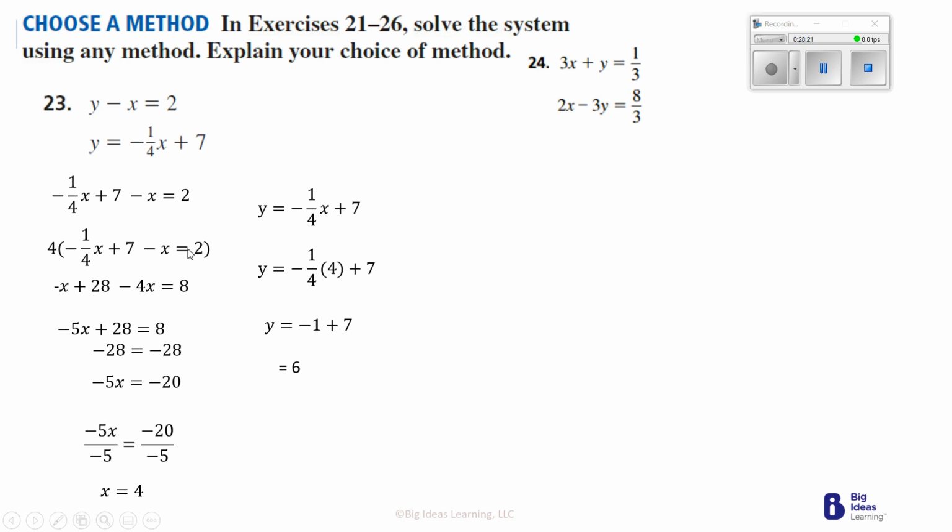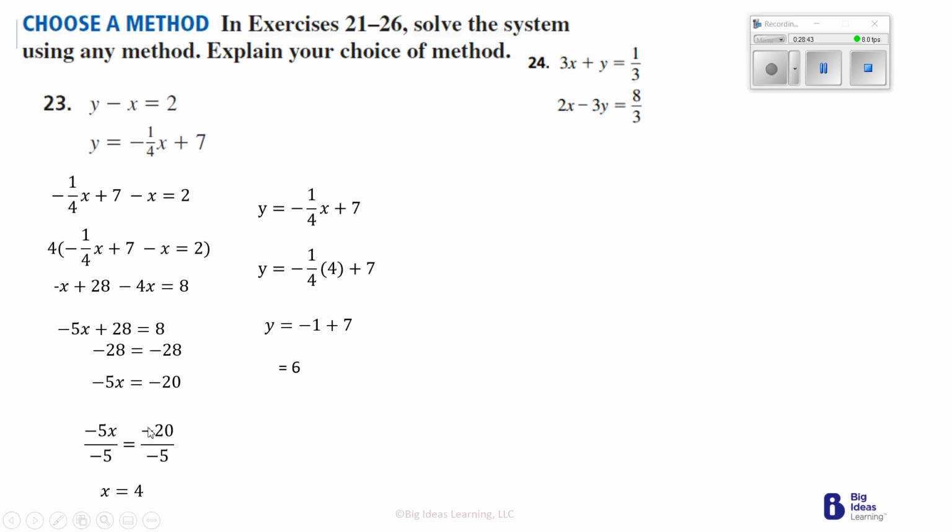And 4 times 2 will give us 8. From there, we're combining like terms: negative 4x and negative x gives negative 5x. The plus 28 comes down, the 8 comes down. Then I'll subtract 28 from both sides, leaving negative 5x equals negative 20. Then I'll divide negative 5 away from both sides.